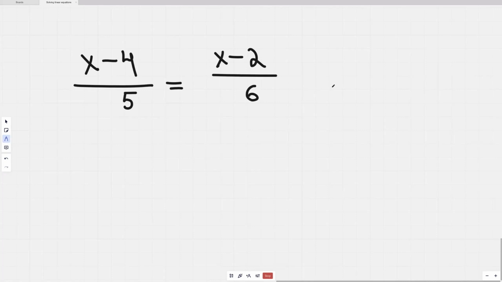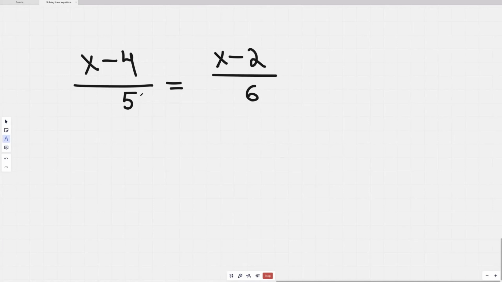In that case, this is just a simple rule. The first thing we have to do is change the dividing 5 to multiplying 5, changing its side, and then the 6 to this side. We call this rule cross multiplying.